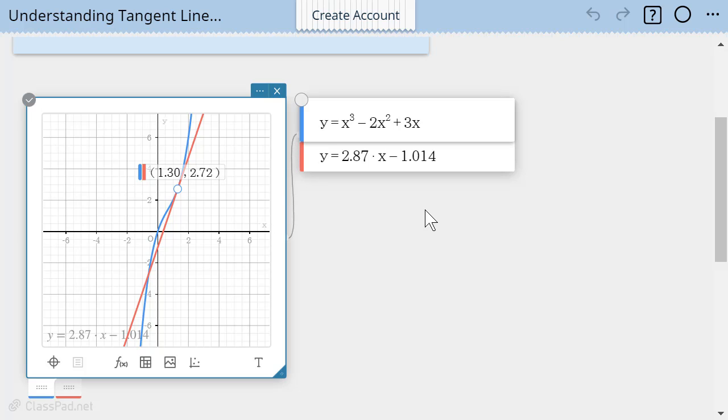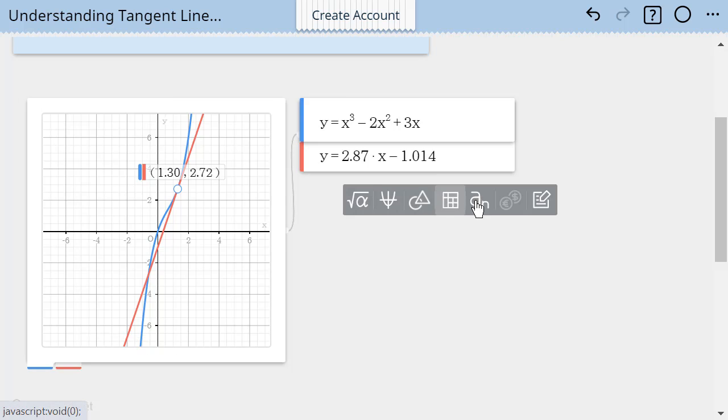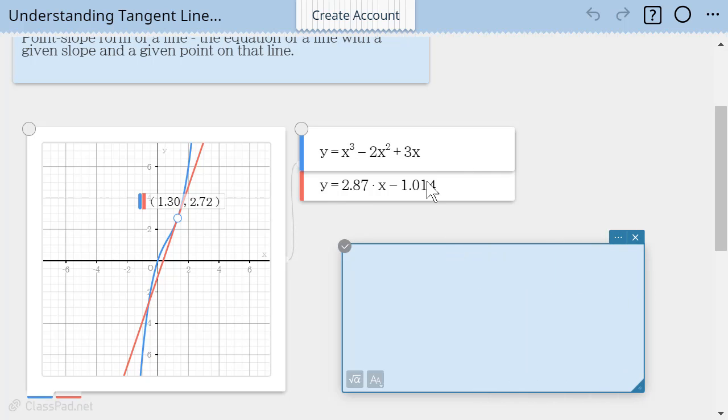So for students, we've taught them the process of finding the derivative. I'm going to pull up a text sticky here. What I want is, how am I making this connection to this original function and this slope? We tell students that the slope of this tangent at that specific point, the value x = 1.3, is this slope.